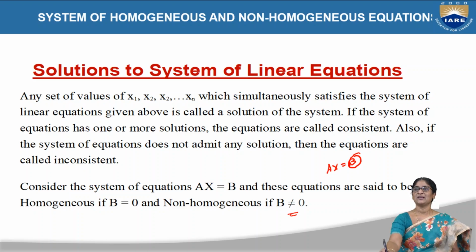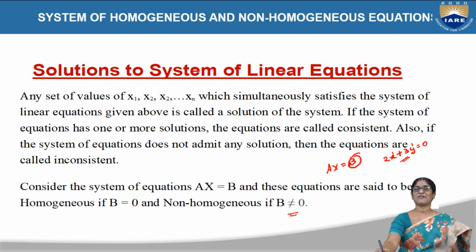For example, if you have 2x plus 3y equals 4, this is a non-homogeneous equation. Instead of 4, suppose you have 0, it is called a homogeneous equation, since the power of all variables in the equation is 1.